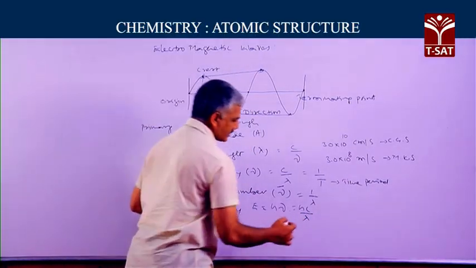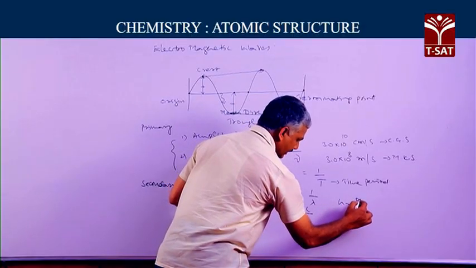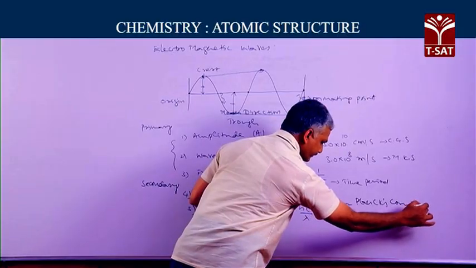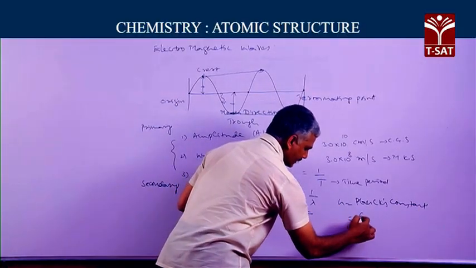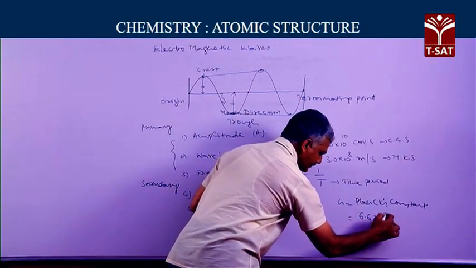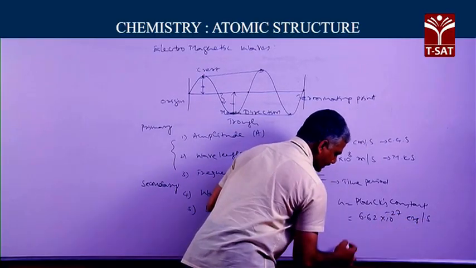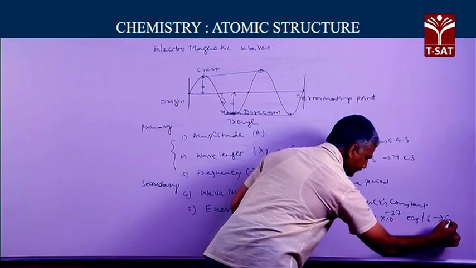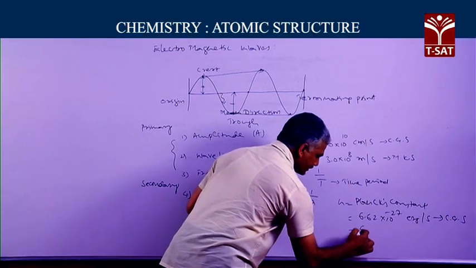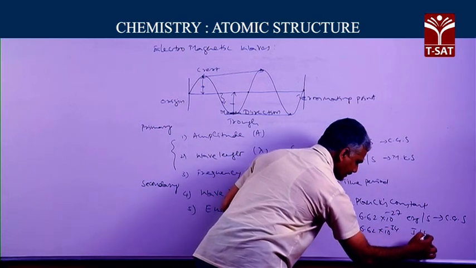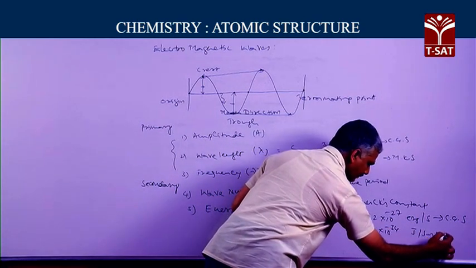This h is called Planck's constant, which is given a value of 6.62 into 10 power minus 27 erg per second in CGS system, and 6.62 into 10 power minus 34 joules per second in MKS system.